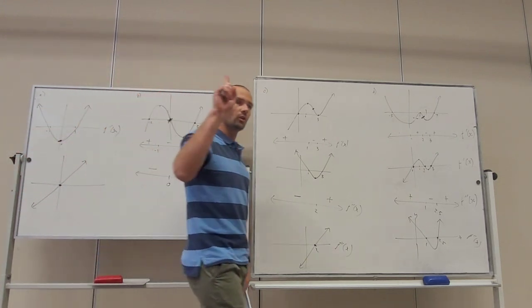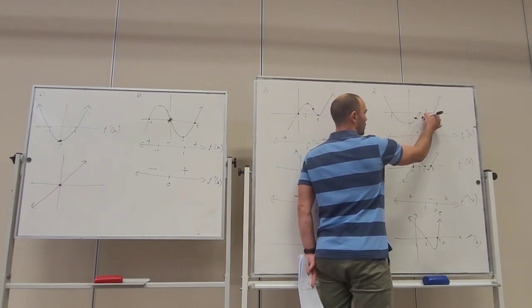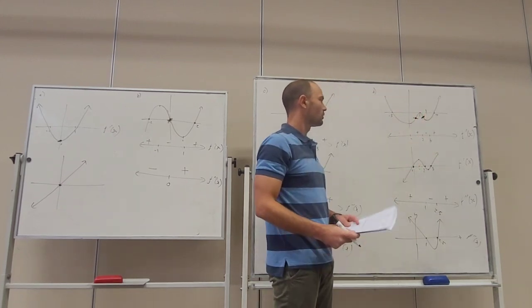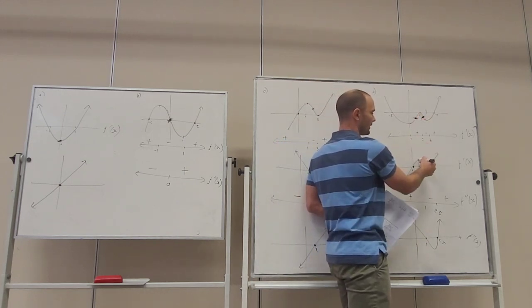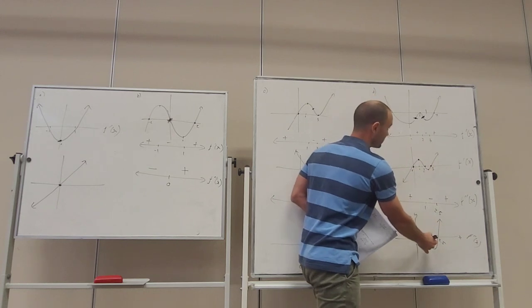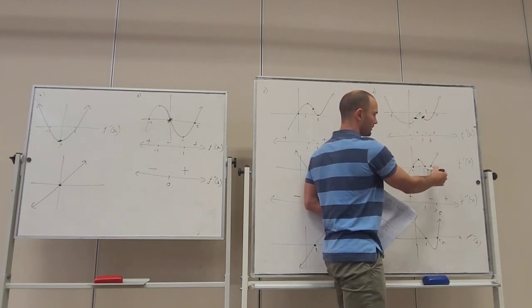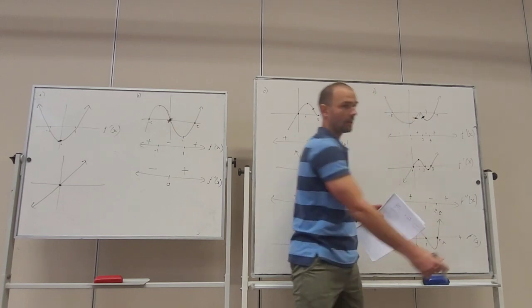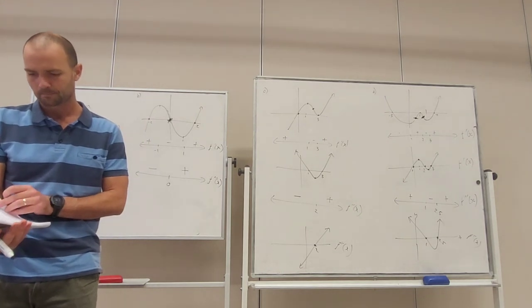Points of inflection on the original function, here they are, correspond with turning points. Okay, point of inflection here, turning point, root. Point of inflection, turning point, root. So that will always be the case for all functions.